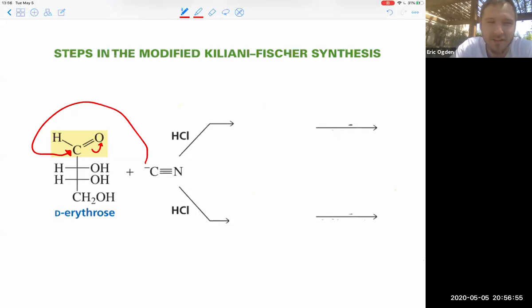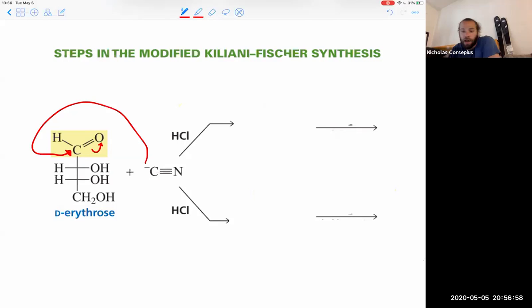These things take a minute to draw. You don't have to draw the whole sugar. This part down here isn't actually going to change. But yeah, I think that's the hardest part of the chapter, just looking at these big, ugly molecules.